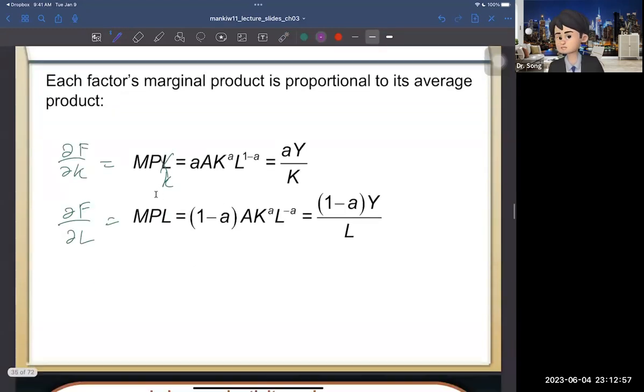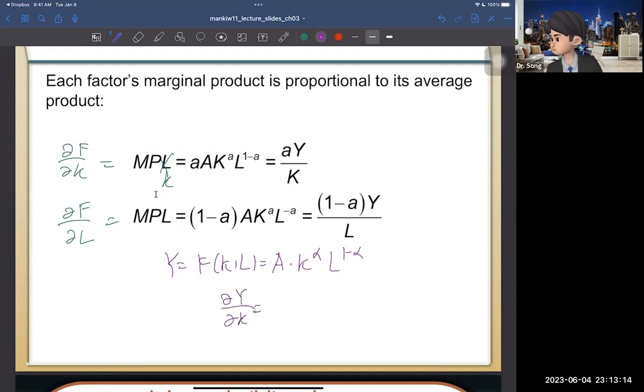Just in case, let me show you. When you have the Y production function as a Cobb-Douglas form, A times K to the power of alpha, L to the power of 1 minus alpha, and you take the derivative with respect to capital, the coefficient stays there and this power comes down. I'm using the power rule. So K to the power of alpha minus 1 times L to the power of 1 minus alpha.